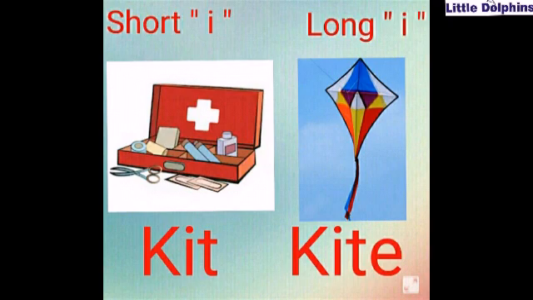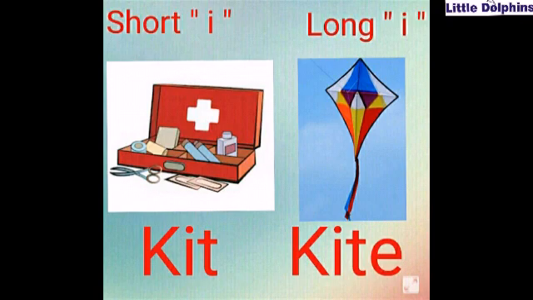K-I-T-E, we can see vowel E at the end of this word. And now let's see its magic. It makes the short sound of vowel I, that is E, long, and long sound of vowel I is I. So how we will pronounce this second spelling K-I-T-E?